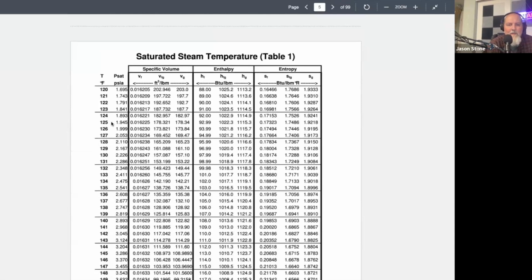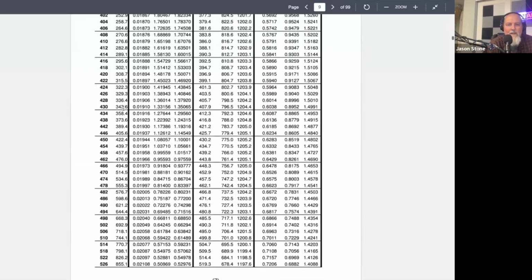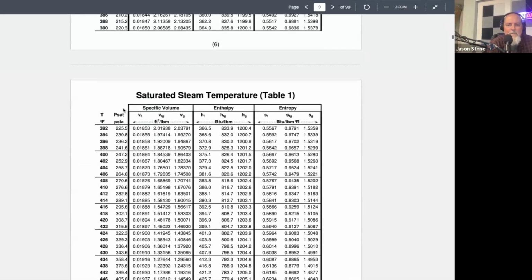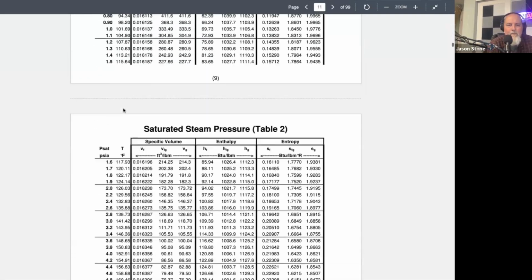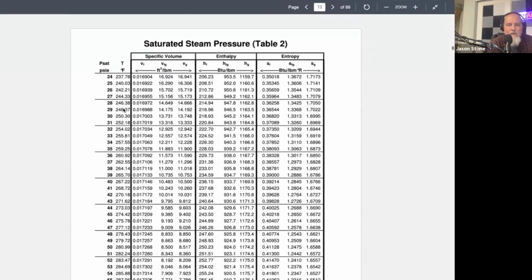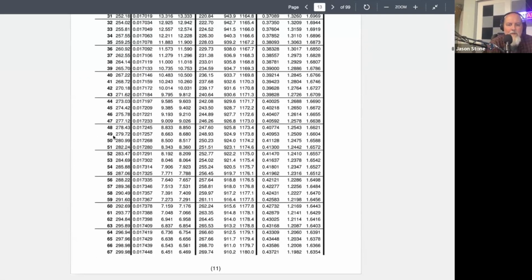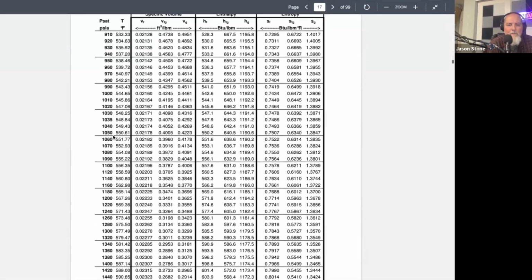This column on the left in table 1 is temperature, so we're going to go to table 2 because we want that left column to be pressure. Now we're in pressure in table 2. Let's go to 1,000.